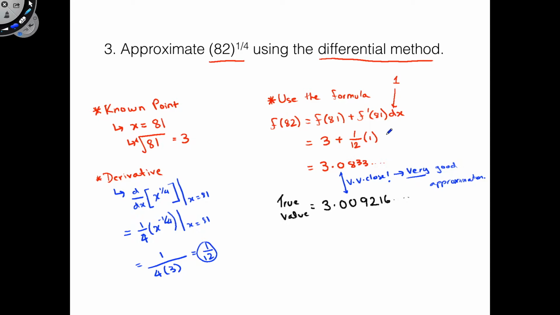So to find f prime of 81, you need a derivative. To find f of 81, you just need to find a known point close by. And if you weren't able to figure this out, then it's a good idea just to throw random numbers out there. Just try to see what works, right? This is not something that there's a formula to figure out. It's just something you gotta eventually know, right?